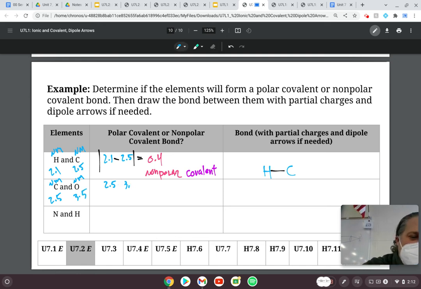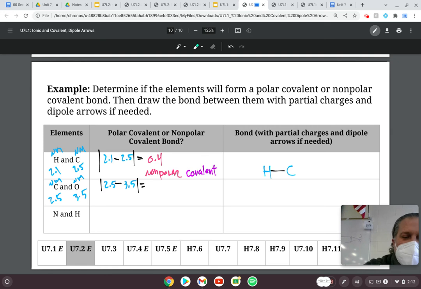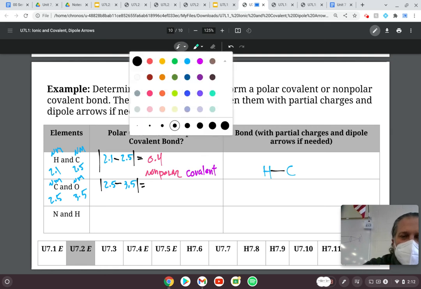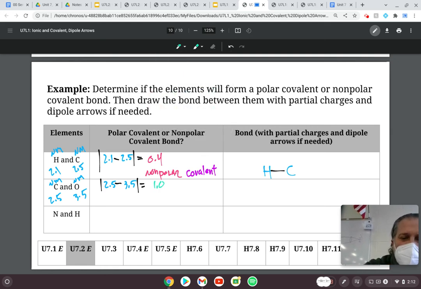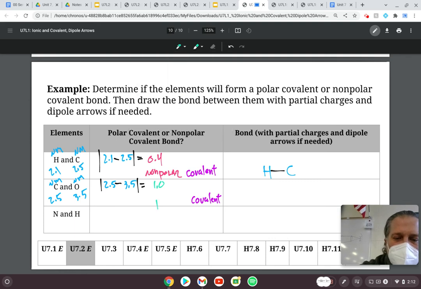Seeing if everybody's paying attention. So it's 2.5 minus 3.5, and that's going to be 1.0. So again, this is going to be a covalent bond because there's no metal present, but specifically, it's going to be a polar covalent bond.